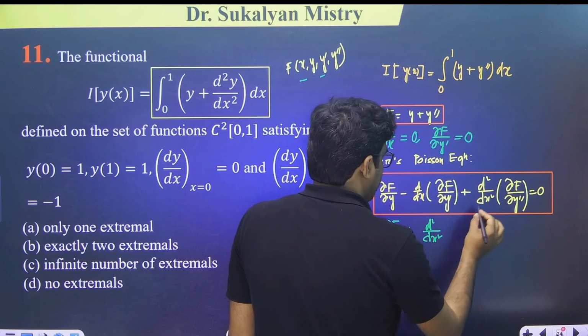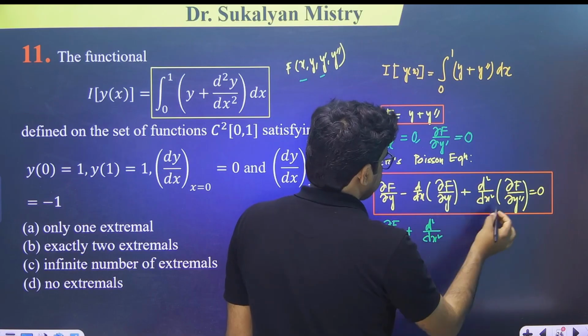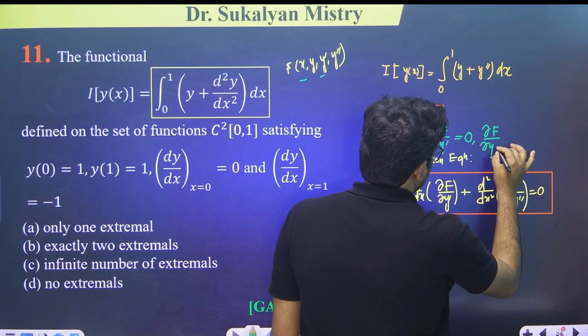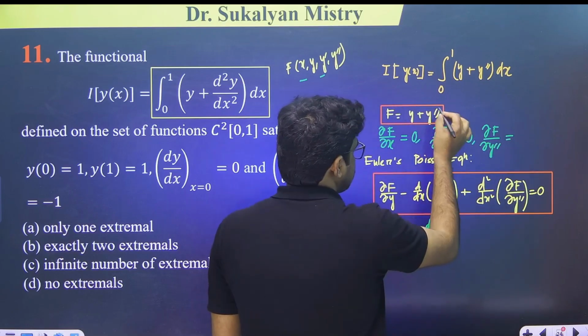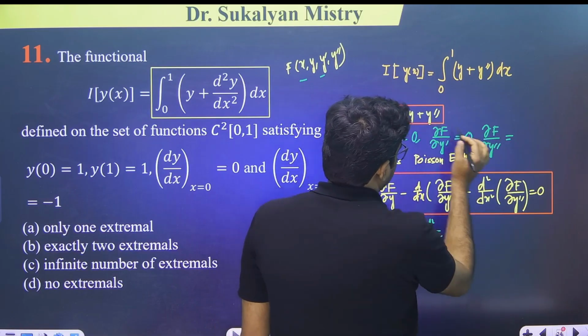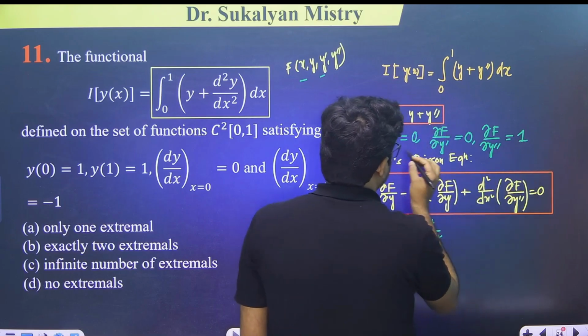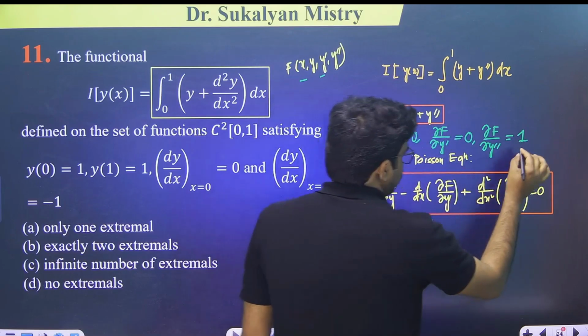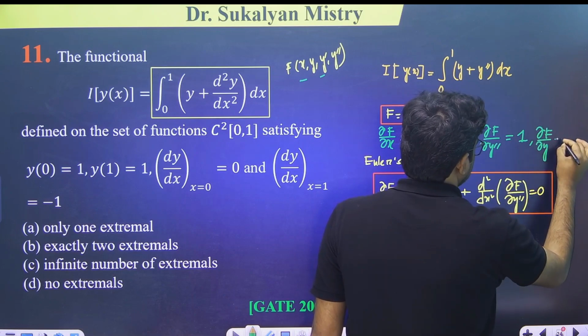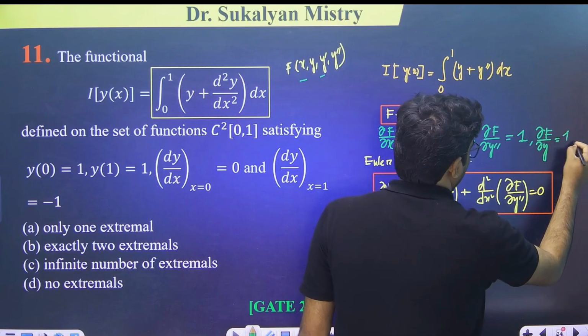dx2 del f del y double dash. So differentiation of this, del f del y double dash, that is 1, right, and del f del y, so this is also 1.